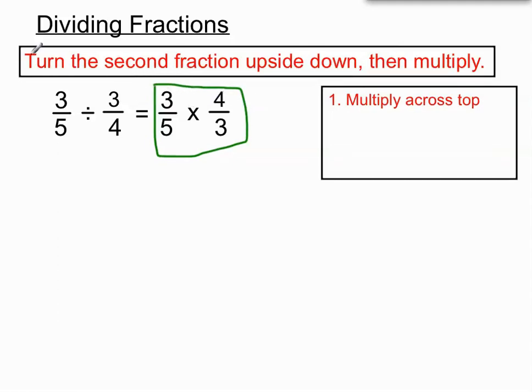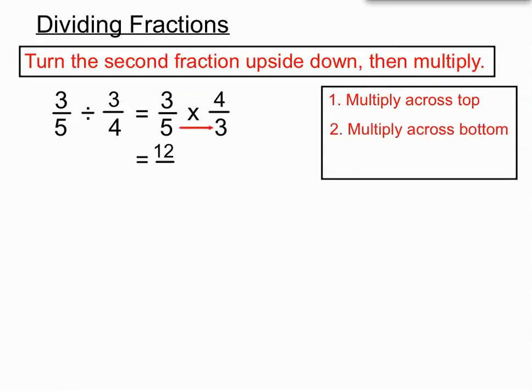Okay, so we multiply across the top. 3 times 4 is 12, and across the bottom, 5 times 3 is 15. Now step 3, and actually any time you get a fraction answer, let's just see if you can simplify. You might be able to spot that 3 can go into the 12 and into the 15.